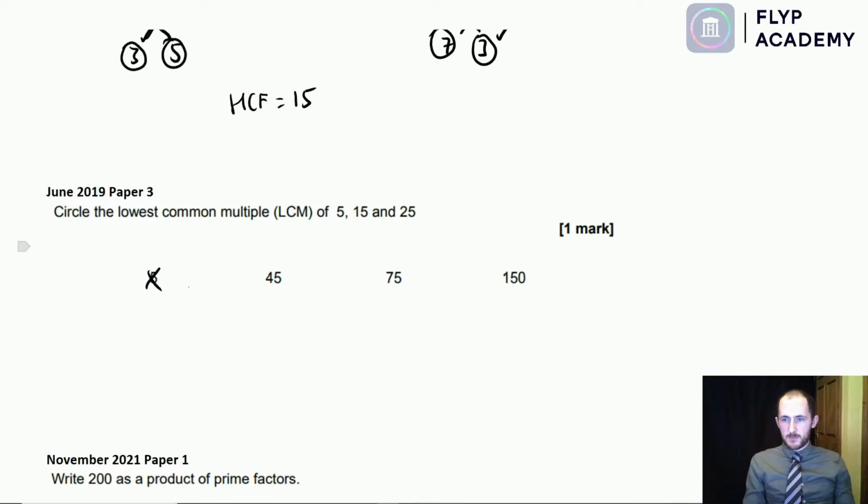Well, it goes into both of these two. But does 45 divide by 25? Nope, so it's not that one. 75? Well, it's definitely divisible by 5: 15, 30, 45, 60, 75, it does. And 25: 25, 50, 75. So it is definitely this one. So we're just going up in the times tables.